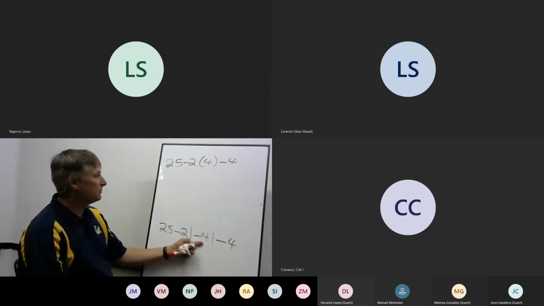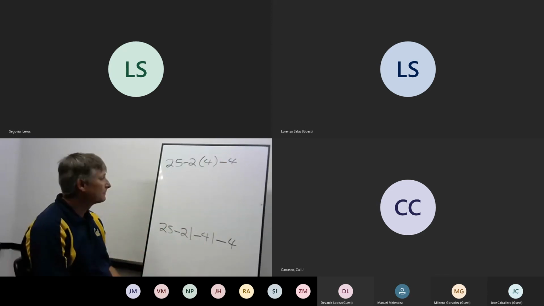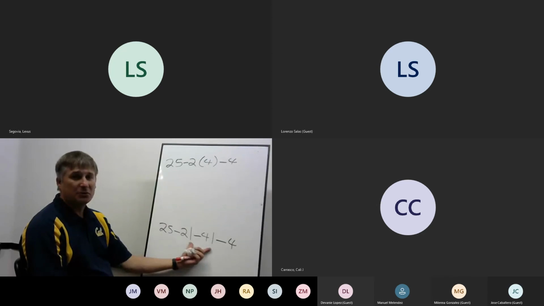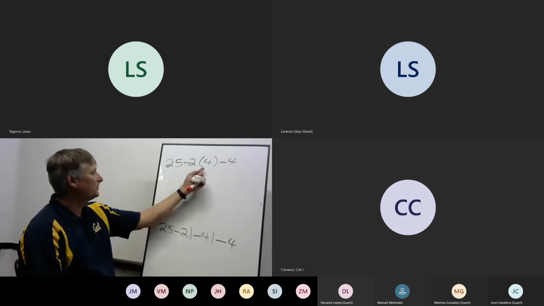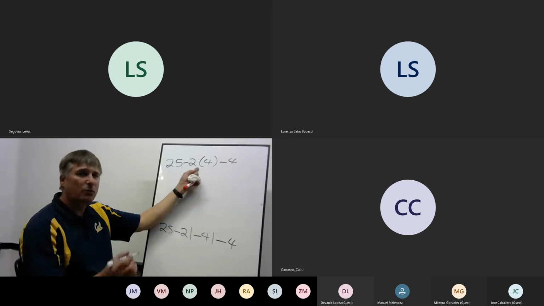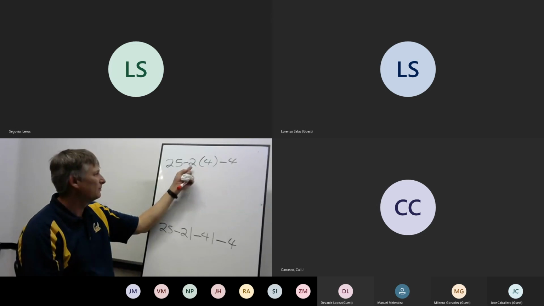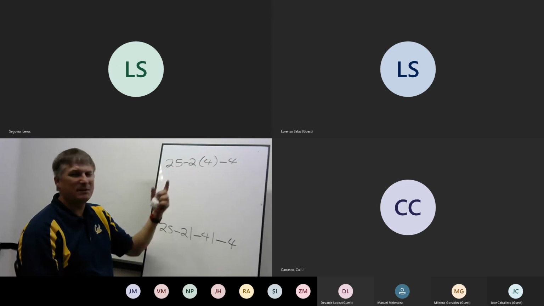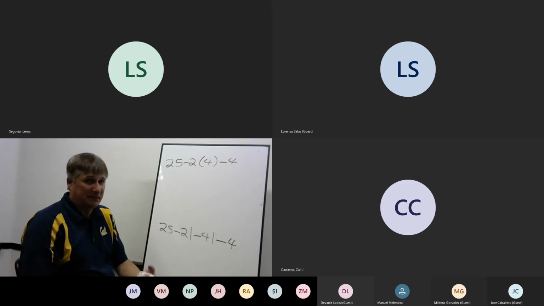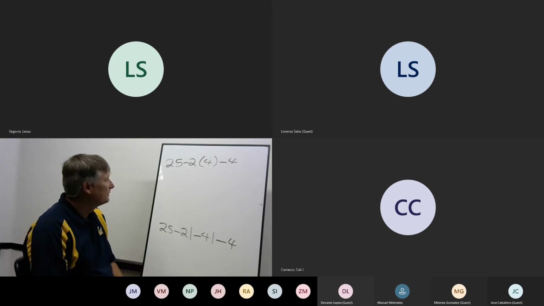We want to deal with our absolute value before we do anything else. So now the absolute value is gone. We just have a multiplication here. And this actually symbolizes multiplication. We're going to go over that after this. Why does 2 next to a parenthesis mean multiplication? It does. In algebra, it does.